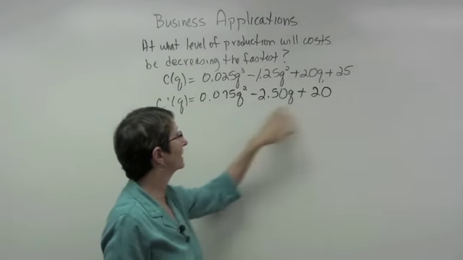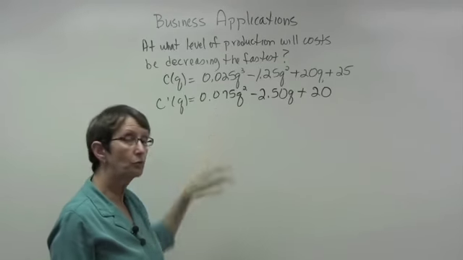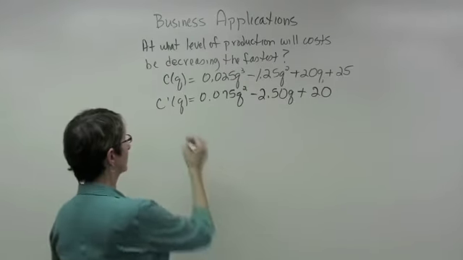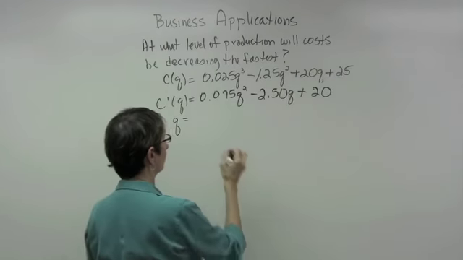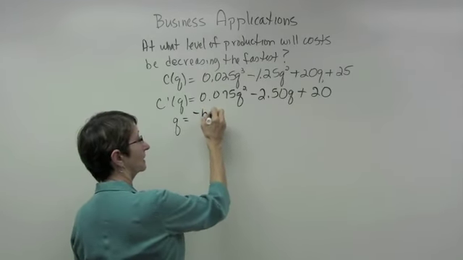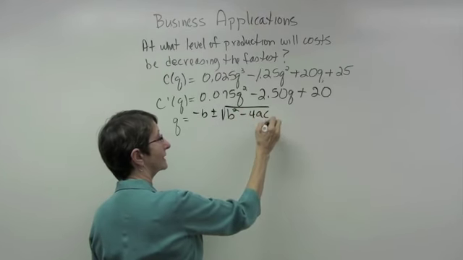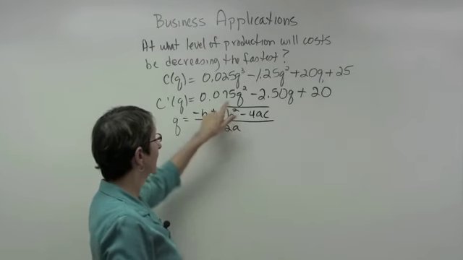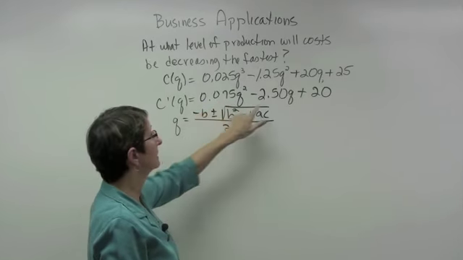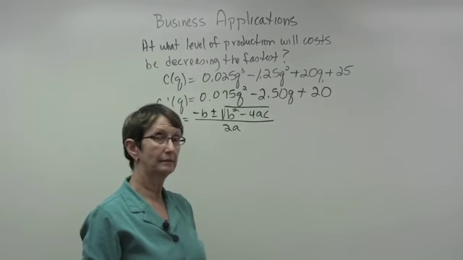Now, I don't think anybody's going to be factoring this one. Maybe so. Probably you want to use the quadratic formula, so that our q would equal, let me put up the quadratic formula first: negative b plus or minus the square root of b squared minus 4ac, all over 2a. A is 0.075, b is negative 2.5, our c is 20.